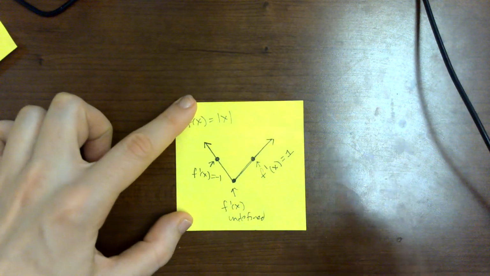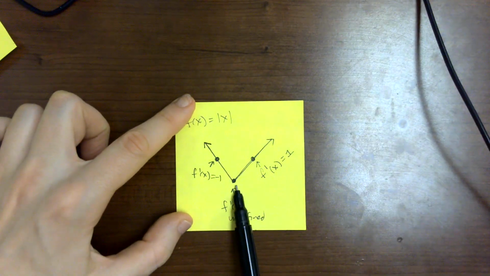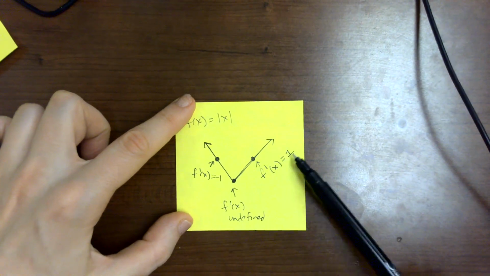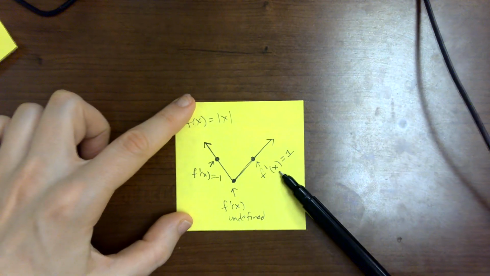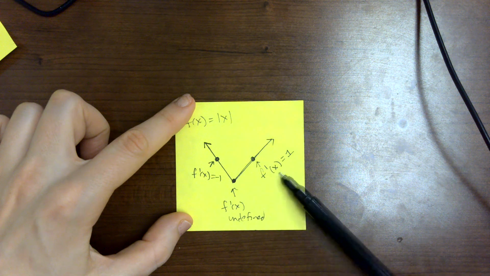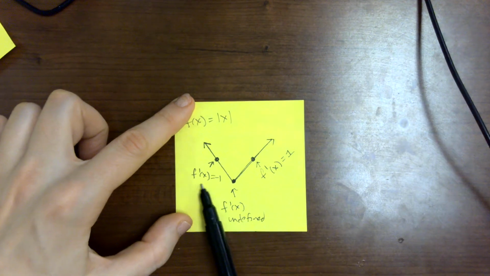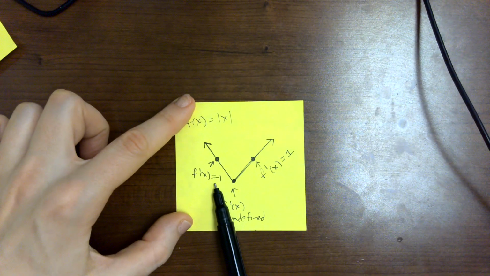Here's another situation, the absolute value function. The derivative exists on either side of this point, but it doesn't exist here because the slopes don't agree. For any point on this side, f prime of x is 1. For any point on this side, f prime of x is -1.